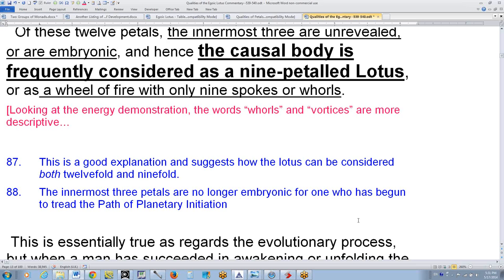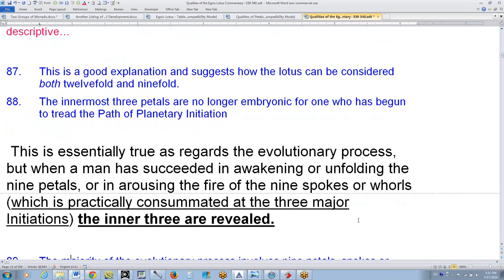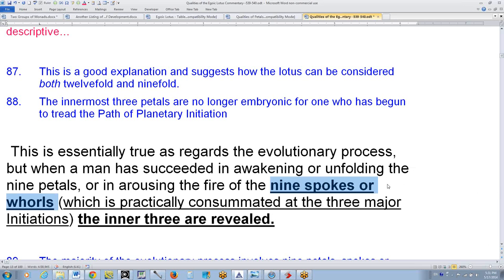So all of this is essentially true as regards the evolutionary process, but when man has succeeded in awakening or unfolding the 9 petals, or in arousing the fire of the 9 spokes or whirls, all the different language used here to describe this 9-fold structure, which is practically consummated at the 3 major initiations, not entirely.